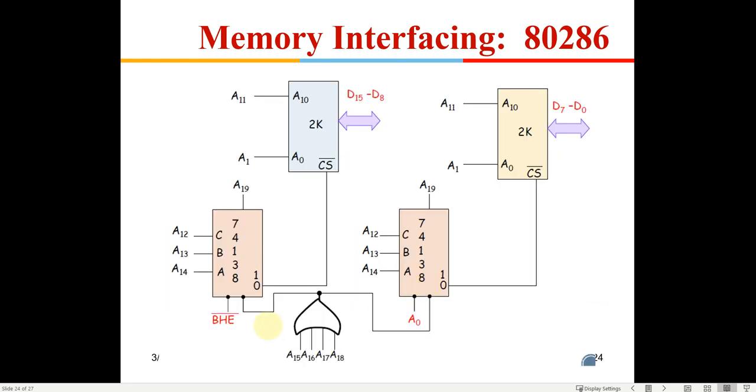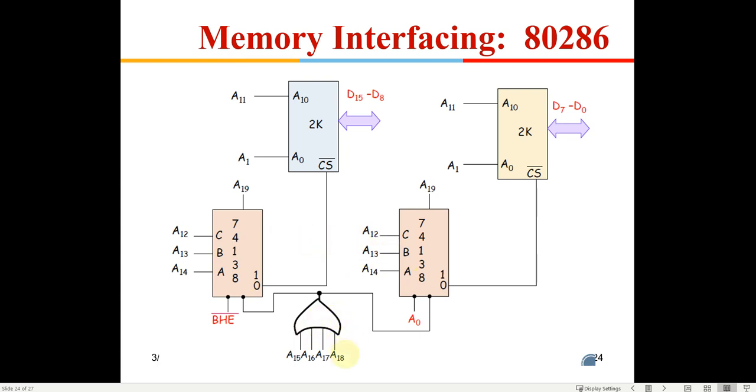So A0 and BHE. Now here it's just shown till A18, so we need to have till 24. Again this is missed out here. We need to have the entire set of bits out here.